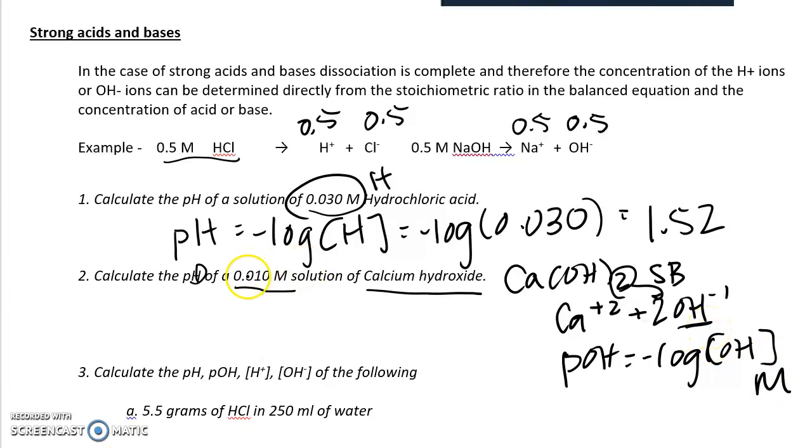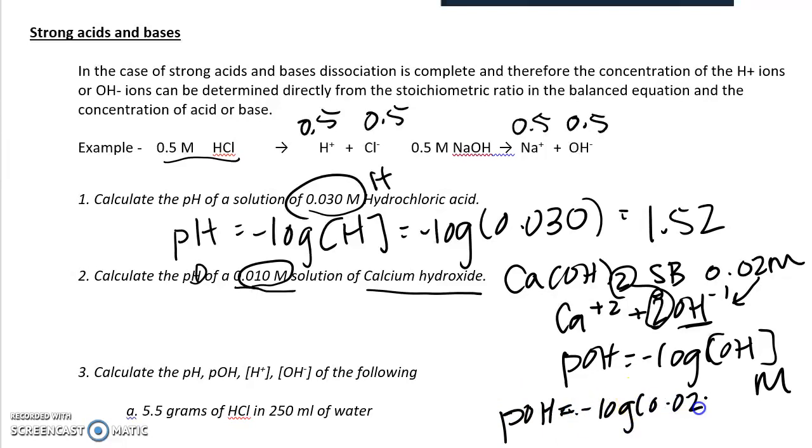So we know our concentration here is actually 0.02 molar because there's 2 of it here. So 0.01 times this 2 takes us to 0.02 molar, and that's what we're going to use to plug in. So POH is negative log of the 0.02 number, which rounding to 2 decimal places, as we always want to do, is 1.67.